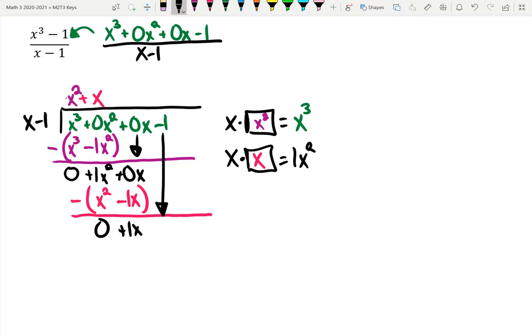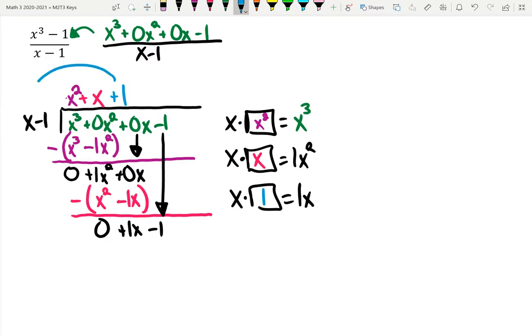I repeat the process and bring down negative 1. I ask myself, x times what is going to be that leading term? Well, there's already enough x's. It's going to be just 1. I don't even need to change it. It's going to be a positive 1.